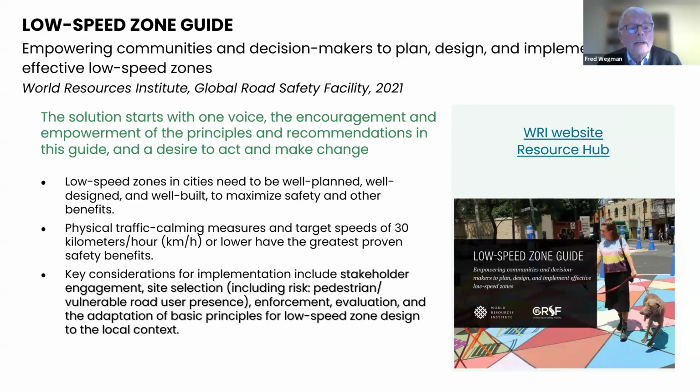Then I come to a guide, and that's focusing on the topic of today, and that is the low speed zone guide. And that's produced a couple of years ago by the Global Road Safety Facility of the World Bank and the World Resources Institute itself. And it's interesting to see that they are covering the same field.